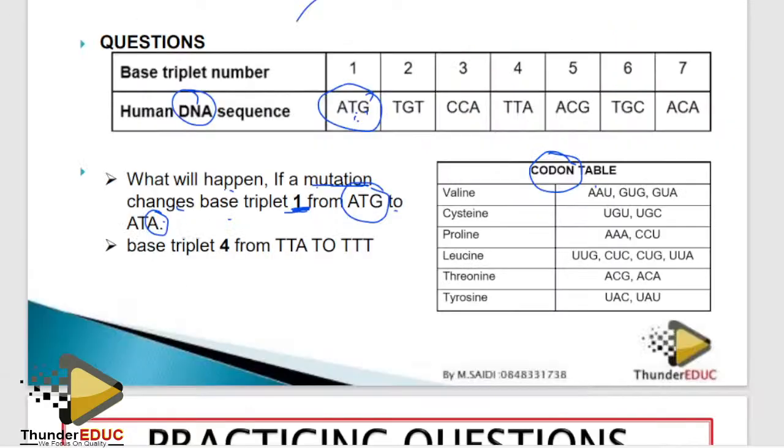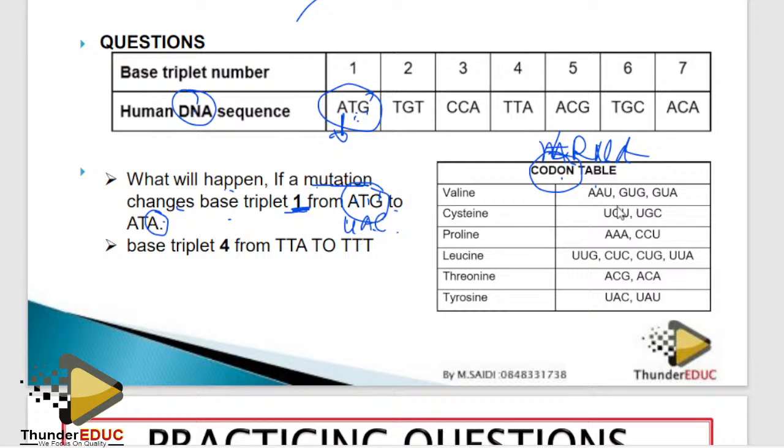So now the question is asking about a codon, it means that it's talking about messenger RNA. So now, what you do is change this into messenger RNA. When you change into messenger RNA, A goes with U, T goes with A, G goes with C. So I'm going to get AUC.